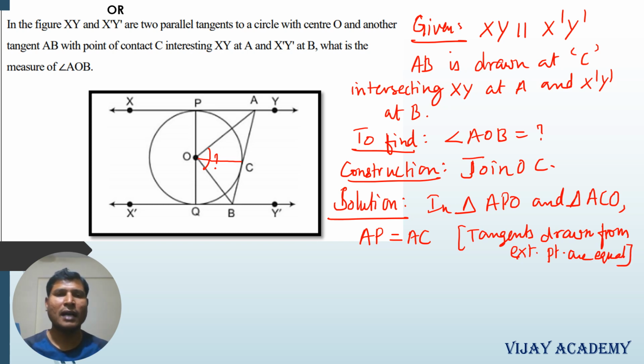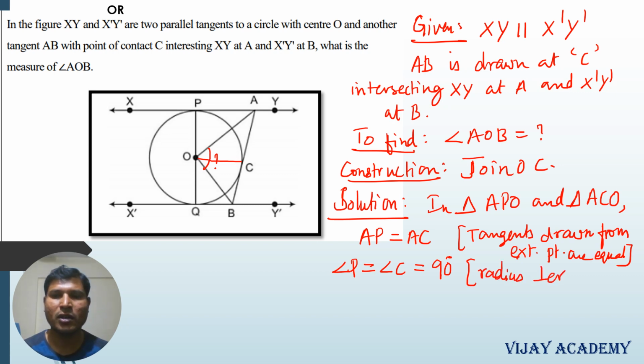Now what are the other measurements equal from these two triangles? Angle P and angle C are 90 degrees each, because the radius is perpendicular to the tangent. And then we know that AO equals AO, which is a common side.